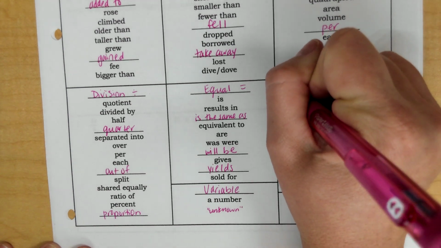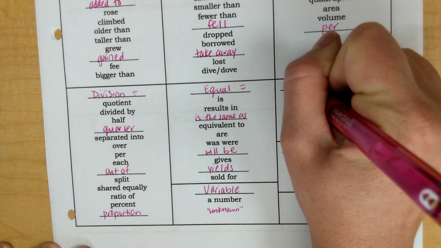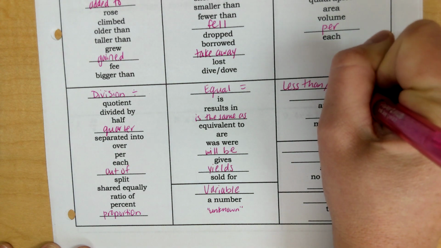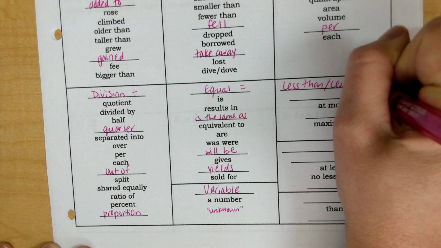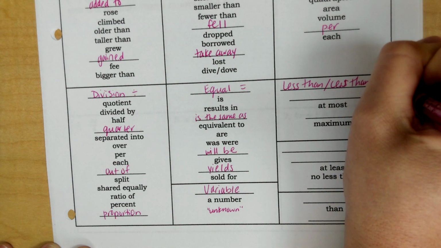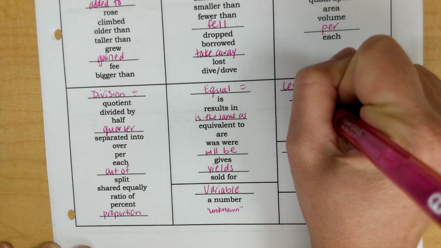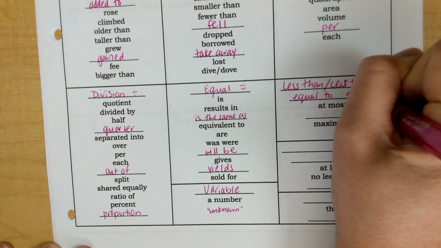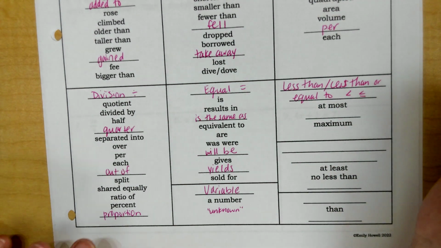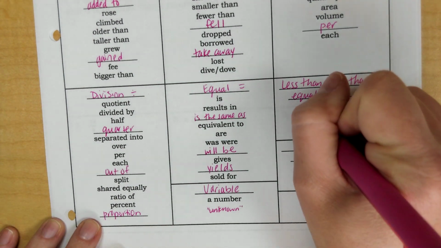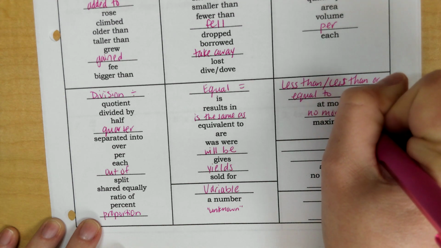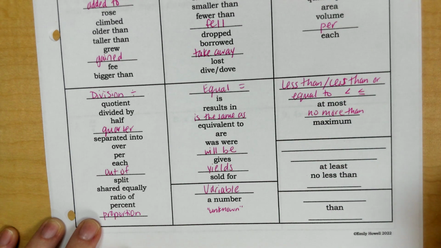Words that generally mean less than or less than or equal to. So that's these symbols, less than, or equal to. Words like at most, no more than, and maximum.